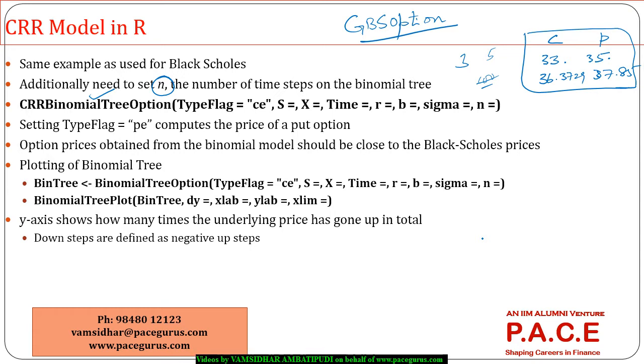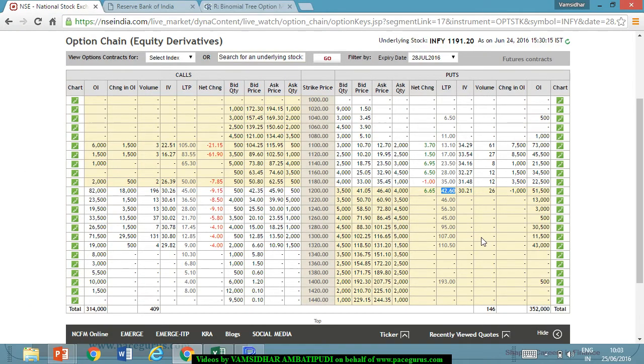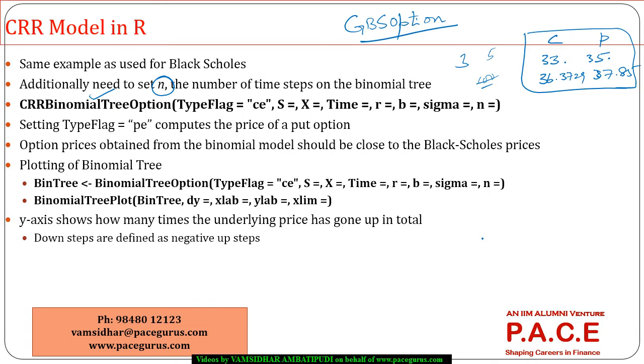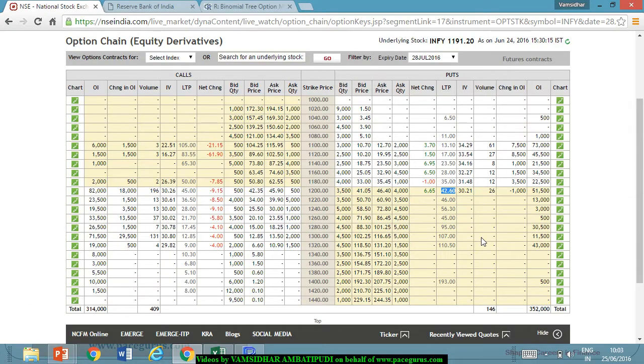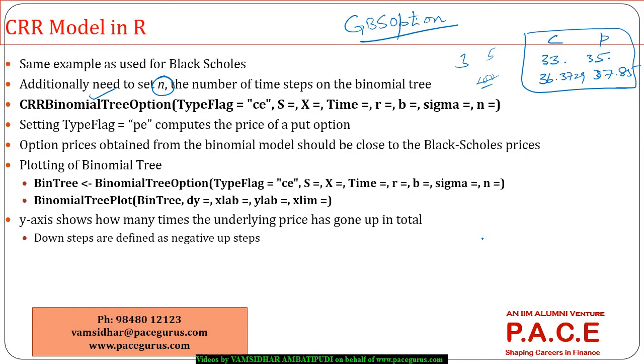So there is some small difference existing between the two, but a few things are easily working out here. The market is showing that the call is slightly lesser compared to the put, whereas it's working the other way in our case. But the differences are quite small.